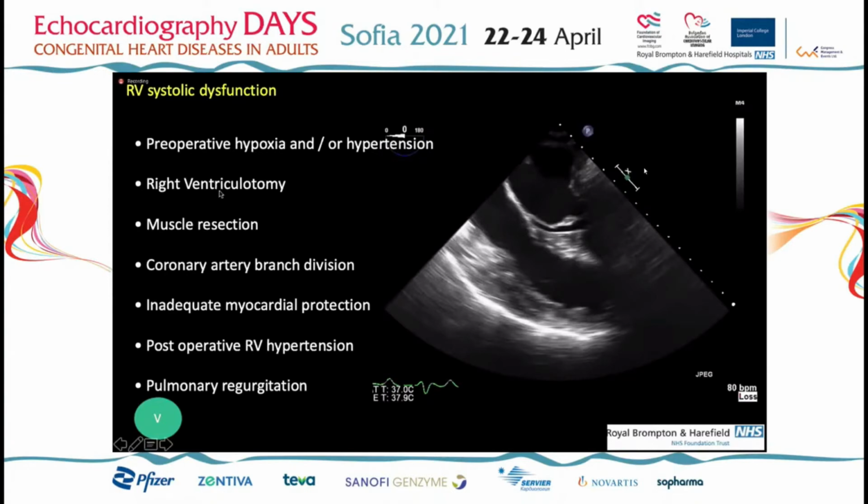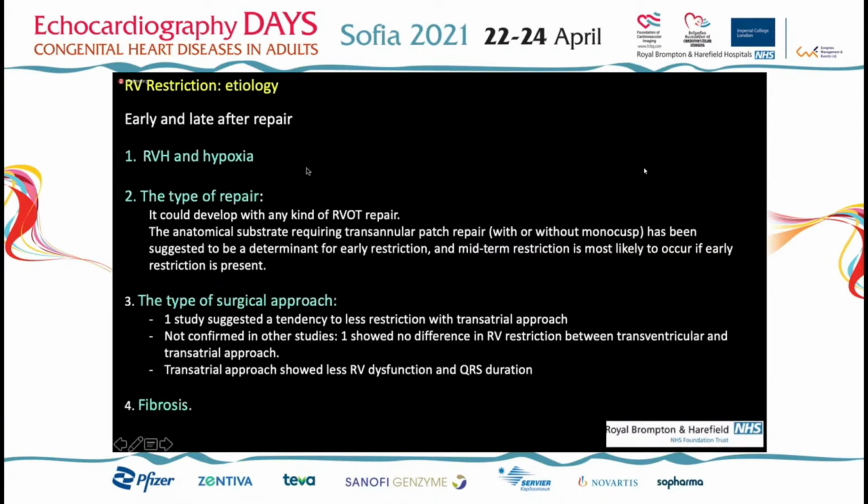Also, consequences of the ventriculotomy or the muscle resection, coronary artery problems, then inadequate myocardial protection during the intervention, or if our ventricle is very hypertrophied, there might be microvascular ischemia, because maybe the right coronary artery might not be enough to perfuse all the muscle. Also, any kind of stress of pulmonary regurgitation, especially if combined with residual RVOT obstruction, can give, in the long term, more systolic dysfunction to the ventricle.